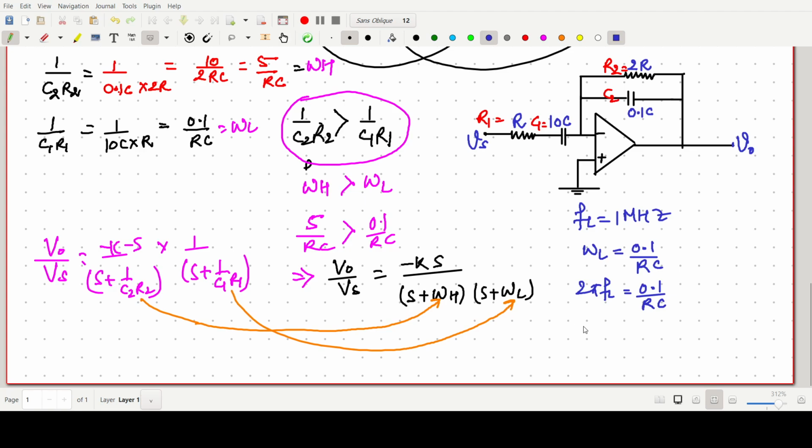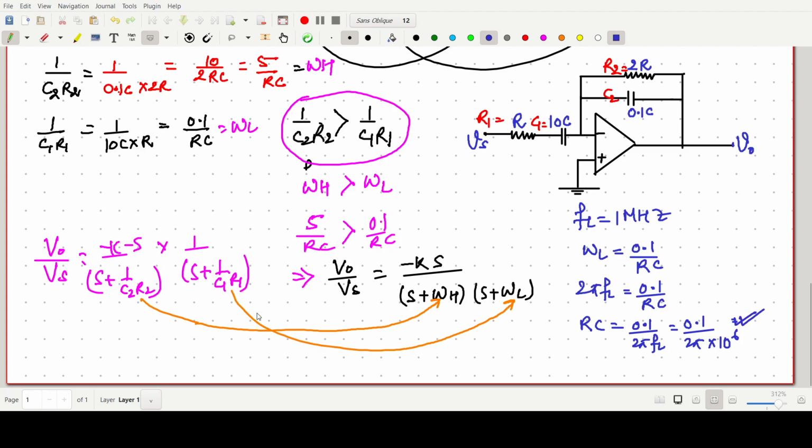So one can find the value of RC as 0.1 by 2 pi FL. RC value is also unknown, so we are writing it in terms of FL. So it should be 0.1 divided by 2 pi, and FL value is 1 mega, meaning 10 to the power 6.